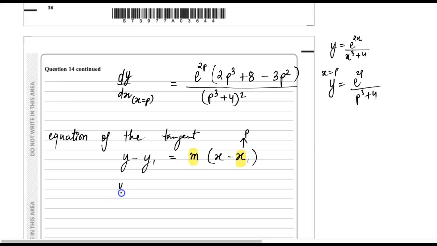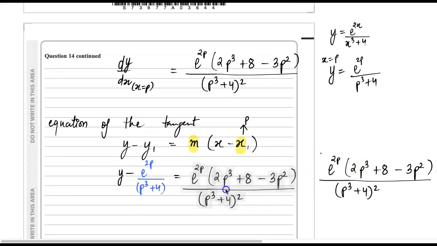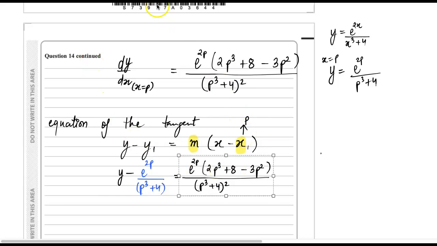Let's substitute. So y minus e to the power 2p over p cubed plus 4 equals the big gradient we have to take. It's easier for me, but for you it would be a bit time consuming. This is what the gradient is, and now we take x minus p.